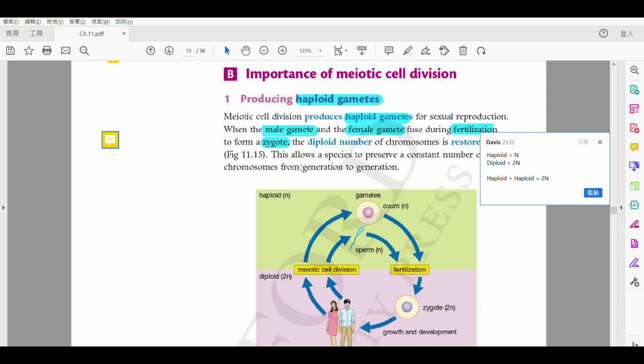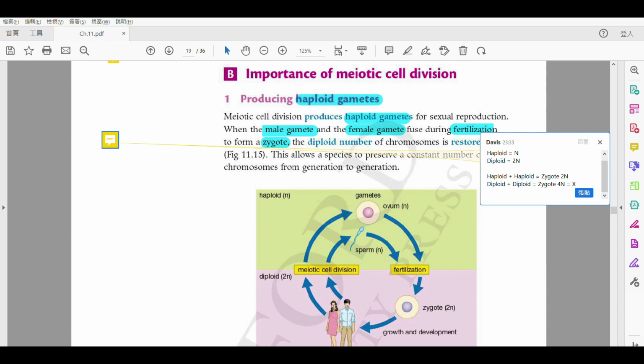So it becomes a zygote. 而家講第四種情況咯，if it is a diploid plus a diploid, how many N? 假設啦 2 diploid cells join together, fuse together to form a zygote. How many N? The answer is 4N, right? Easy. 係啦 and then this answer is wrong. This is just to clear your concept.